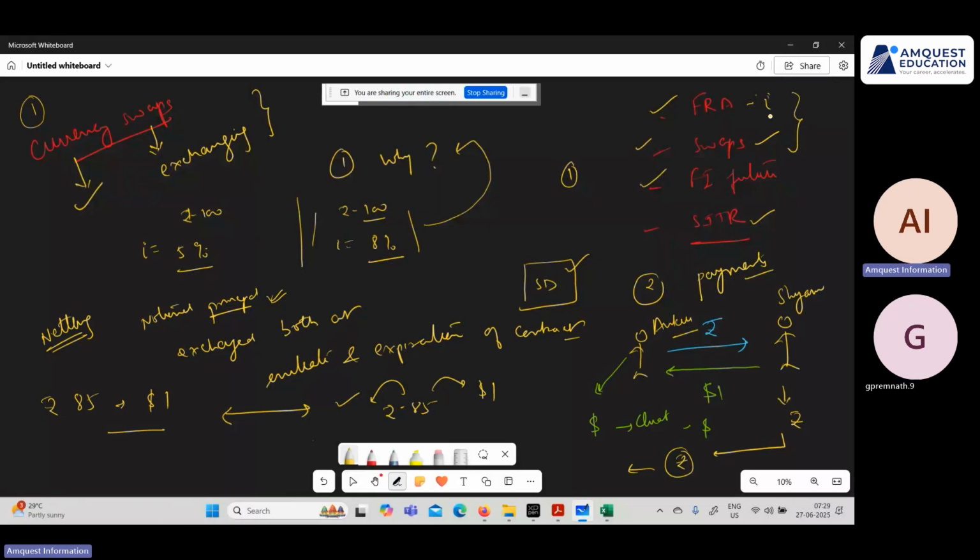Is that okay? Since we did not go through the standard procedure of going to a bank and raising the money, this concept is called synthetic borrowing. Obviously, we're not borrowing from the bank, but we're doing this kind of arrangement called synthetic borrowing.